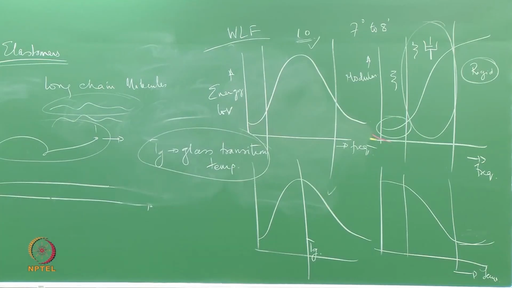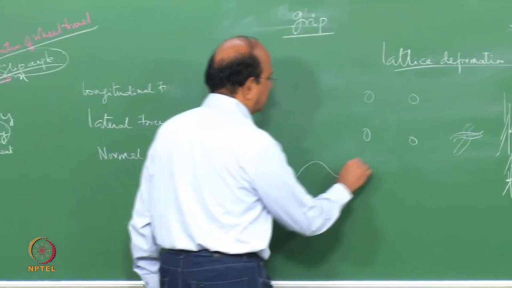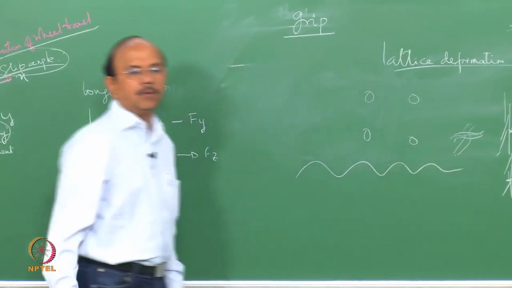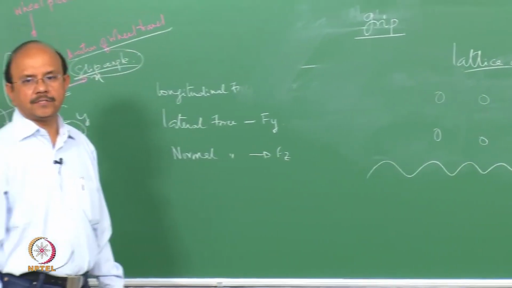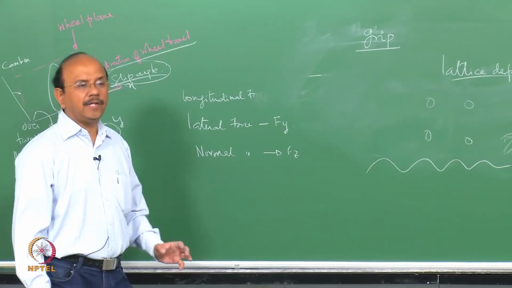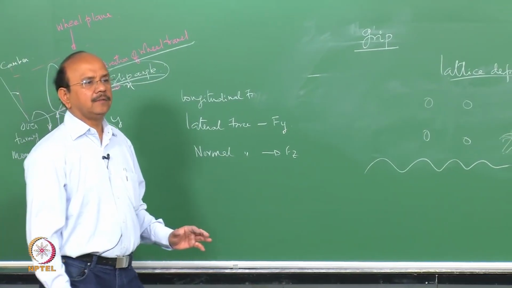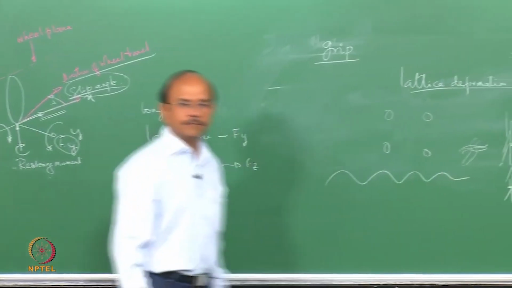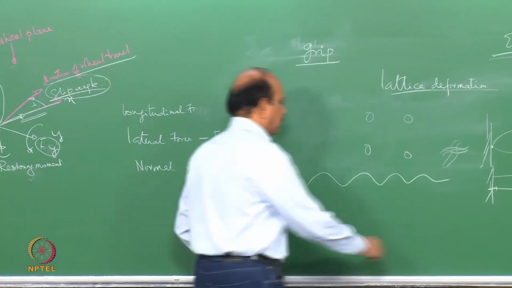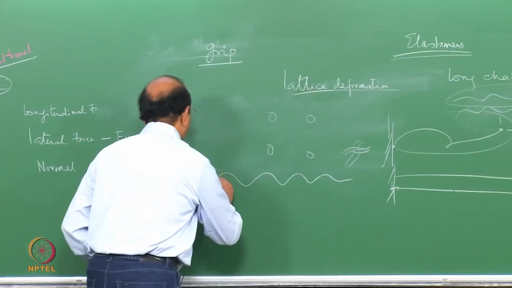One of the things we know about the road is that the road has what are called undulations. The undulations can be looked at from a macro viewpoint, or from a micro viewpoint.